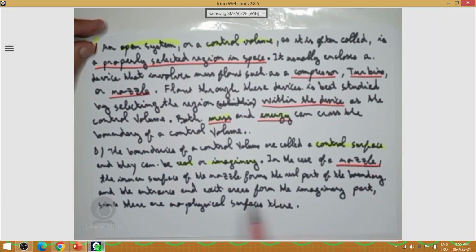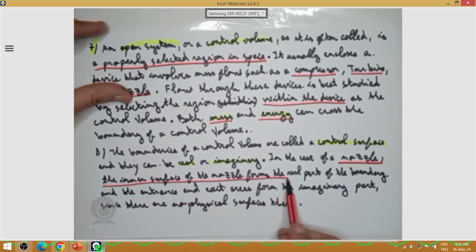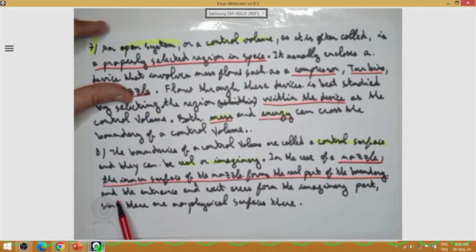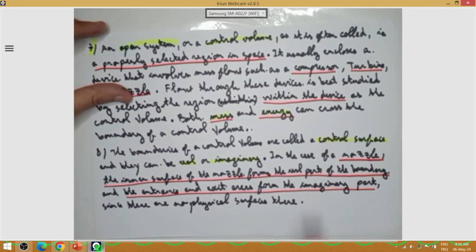In the case of a nozzle, the inner surface of the nozzle forms the real part of the boundary, and the entrance and exit areas form the imaginary part of the boundary, since there are no physical surfaces there.